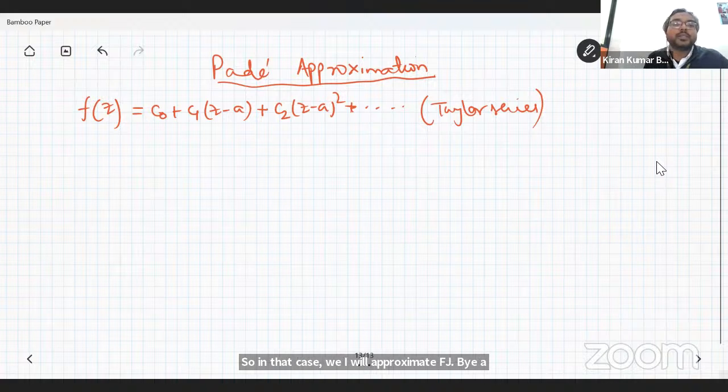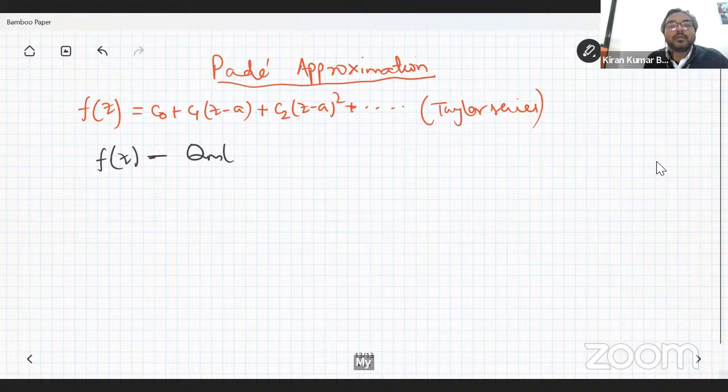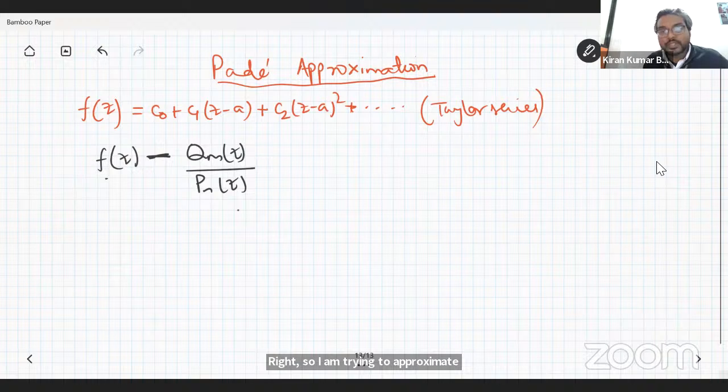So I'm trying to approximate f(z) by a sequence of rational functions, Q_m(z) over P_n(z), of this order.